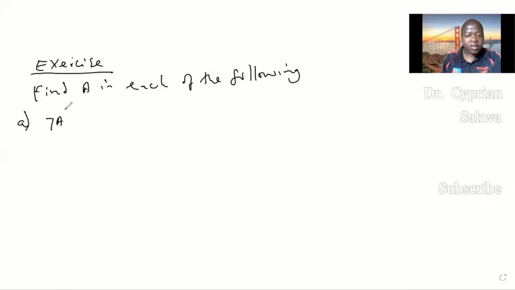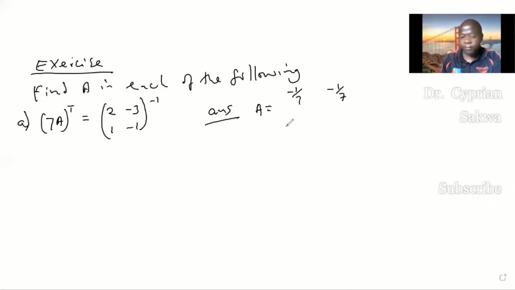I have 7A transpose is equal to the inverse of 2, negative 3, 1, negative 1. So find A there. My answer is that A is negative 1 out of 7, negative 1 out of 7, 3 out of 7, and 2 out of 7. So just do this question and see if you can get the same answer.